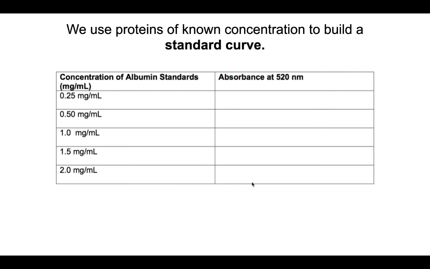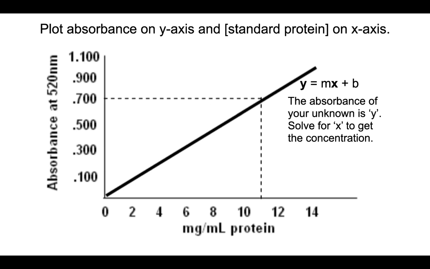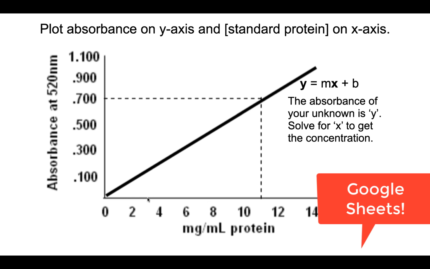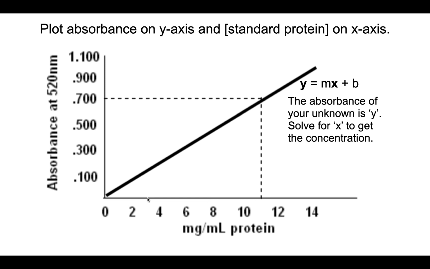You're going to generate a bunch of data points, and then use those data points to plot out onto a graph using either a Google program, Google Sheets, or you can use Excel. And so you just plot that in. Okay, let's see.